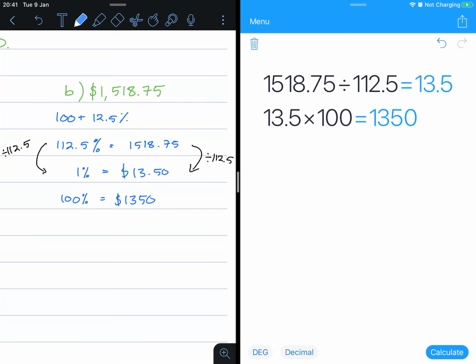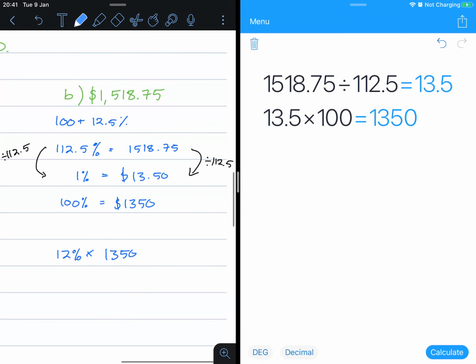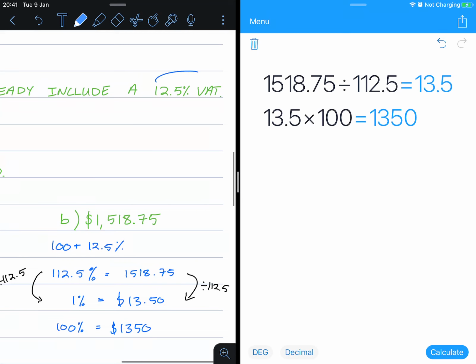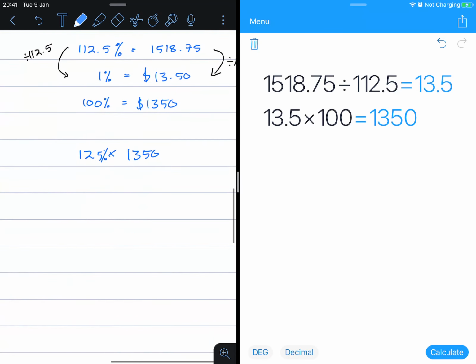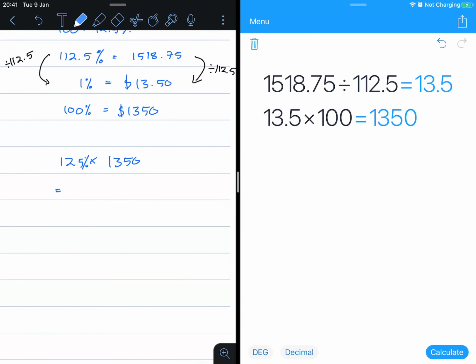And now to find the percentage paid, we can just find 12.5% times 1350. Sorry, not 12, 12.5. Because that is how much VAT was added. So let's find that. 0.125 times 1350.